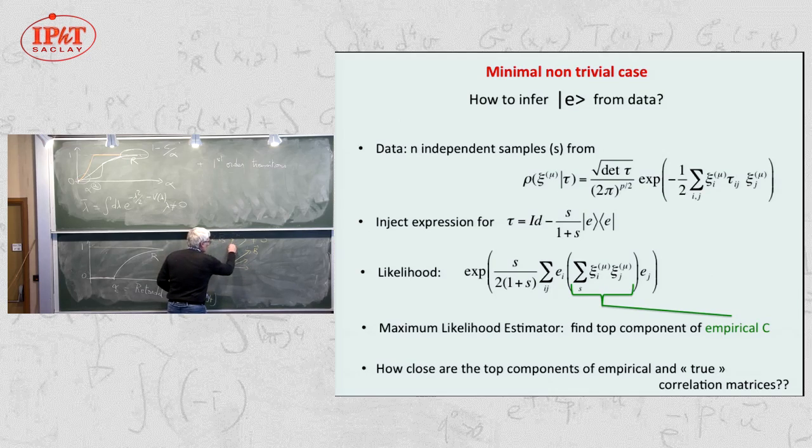This is psi1, psi2, and so on, okay? All your samples that you get from the data. That means, for instance, a very simple inference rule, like taking the sum of a mu psi mu, is actually going to tell you immediately something about B. This is a line along B, right? I mean, the dot product is not going to vanish in the large n limit. So that means as soon as you get a little bit of samples, you have some information about B. And that corresponds to this particular case.